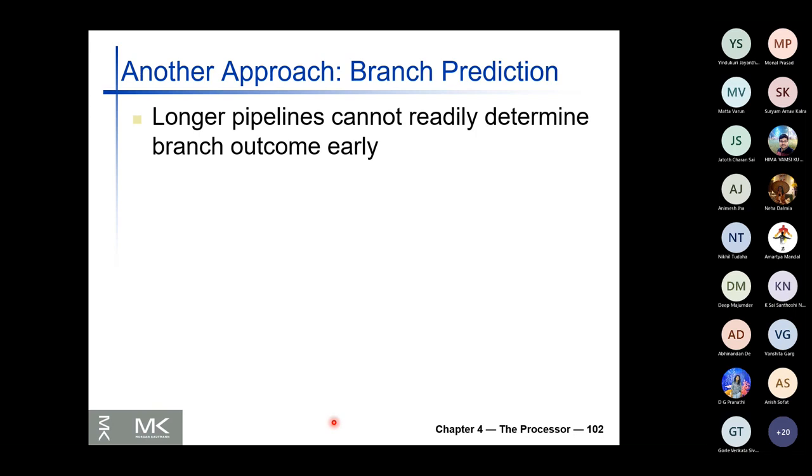In those pipelines, it may not be possible to move the branch comparison hardware ahead, and you won't get much benefit out of that because of this predecessor conflict and successor conflict. So most of the time they use the technique of branch prediction. Let us predict somehow what is going to happen next, and we want to make our prediction as good as possible.